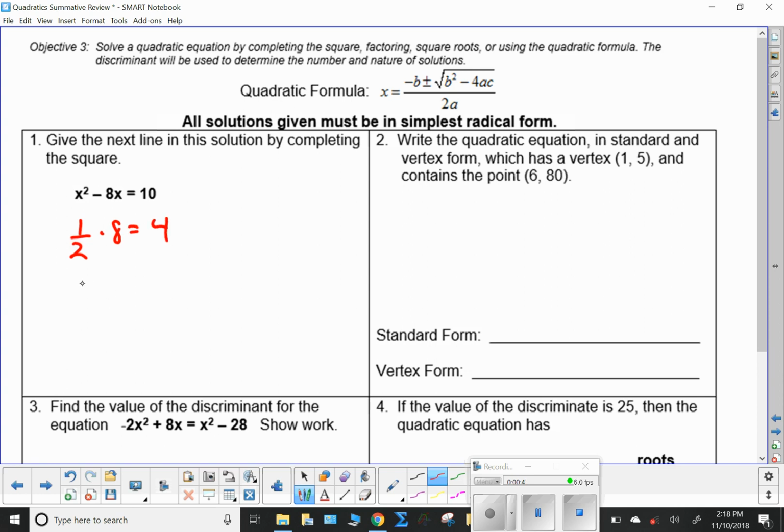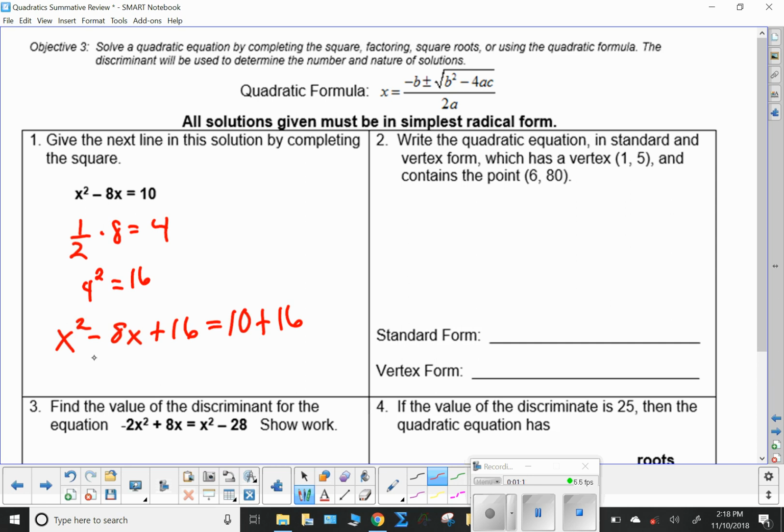And if we square it, we get 16. So the next line here would be x squared minus 8x plus 16 is equal to 10 plus 16. That is the next line in solving by completing the square.